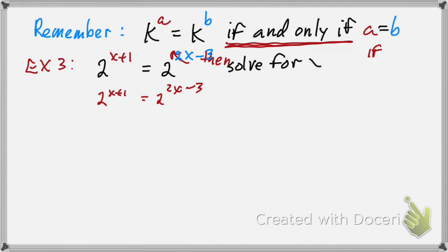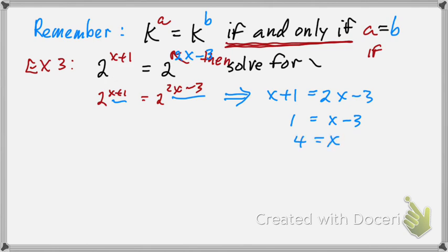My bases are the same. So what do I know? I know that this exponent equals this exponent. So I know x plus 1 has to equal 2x minus 3 because of that rule up there at the top. So I can subtract x from both sides, and I get 1 equals x minus 3. And I get x equals 4.